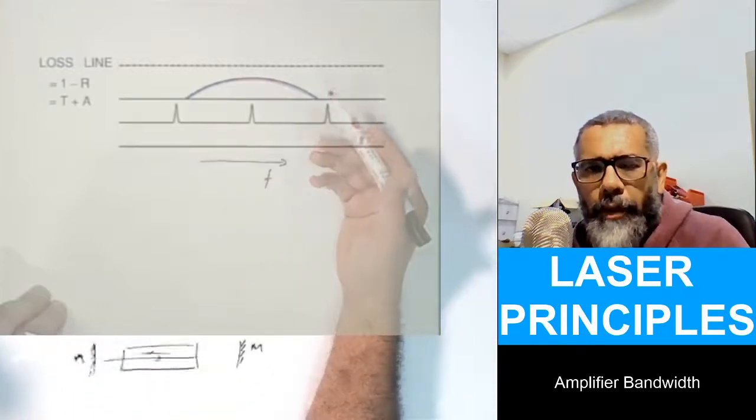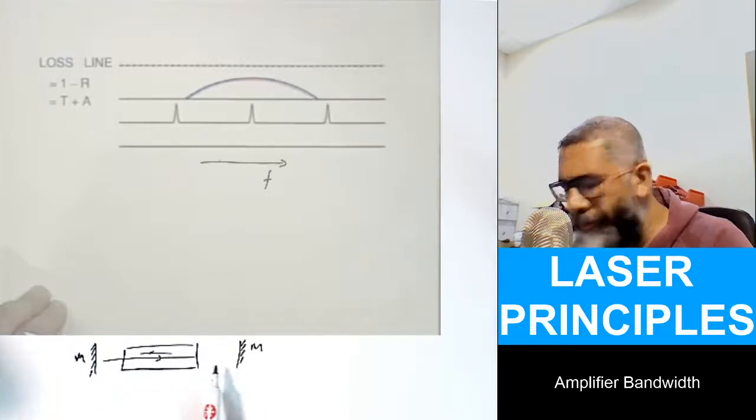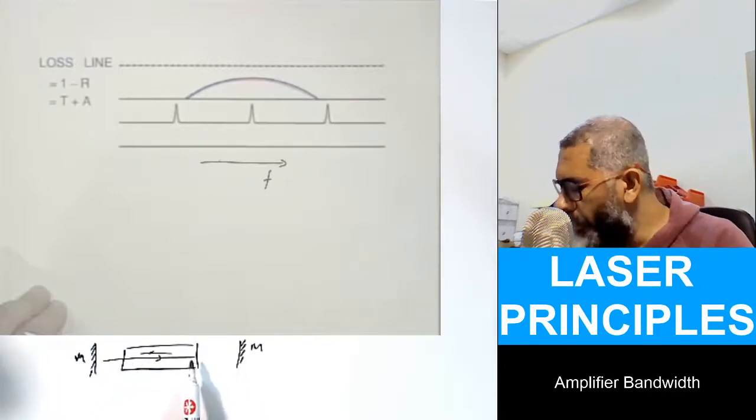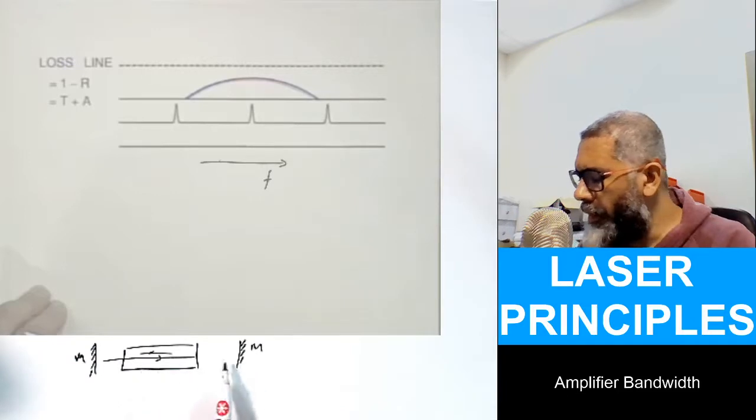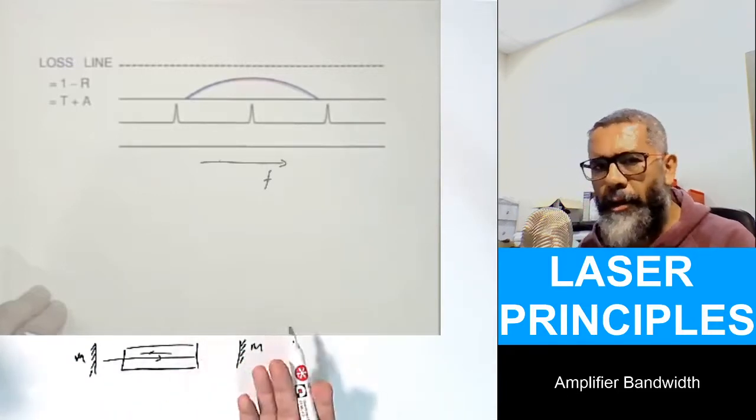What I mean by loss is that, supposing you have a certain intensity of light inside between these two mirrors, after a while, if this intensity decreases, then there is loss.